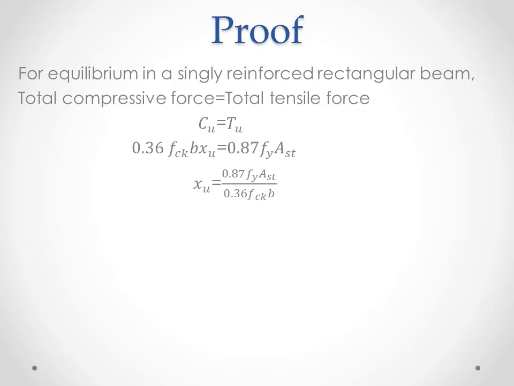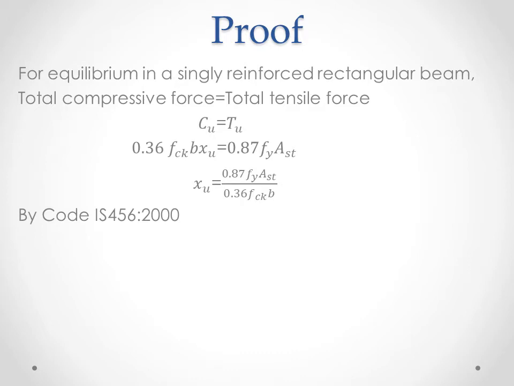0.36 FCK B. But in the BIS code that we'll be referring to, the Bureau of Indian Standards code, also known as IS 456-2000, that is the code we'll be referring to throughout all modules. In that code, the formula is mentioned as the ratio of the neutral axis depth divided by the depth of the beam.